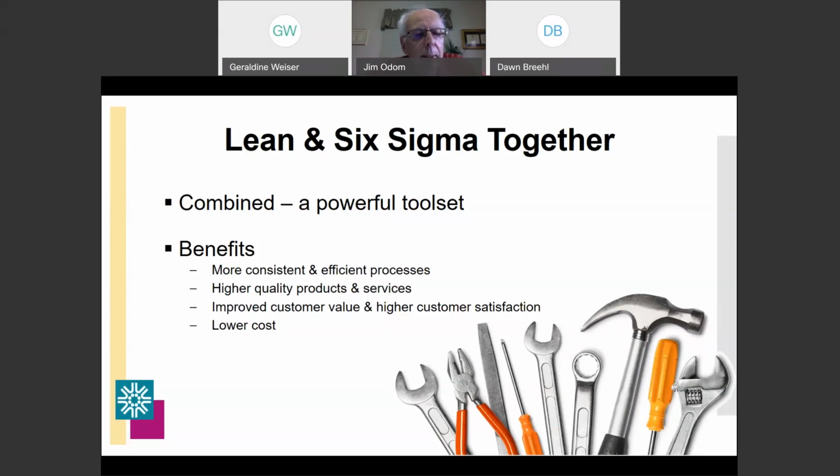We're going to get more consistent and efficient processes. Our products and services are going to be higher quality, more timely. We're going to improve customer value, the things that our customers are willing to pay for. And we're going to have higher customer satisfaction. And hopefully, by being more efficient, reducing waste, we're going to lower our cost for these products and services.